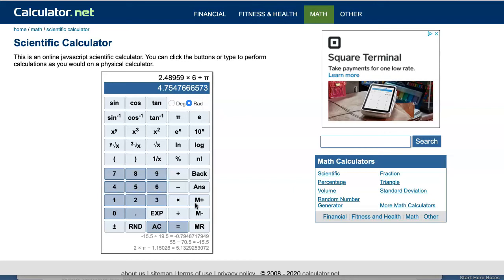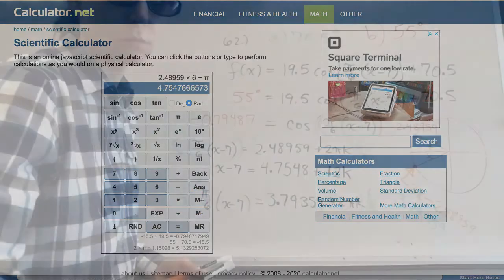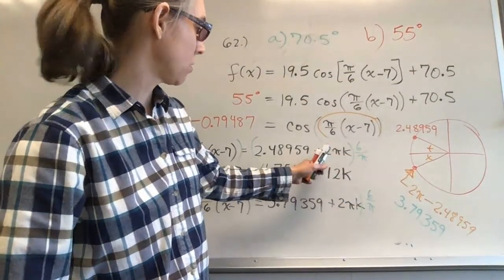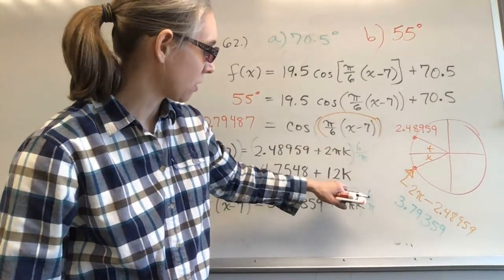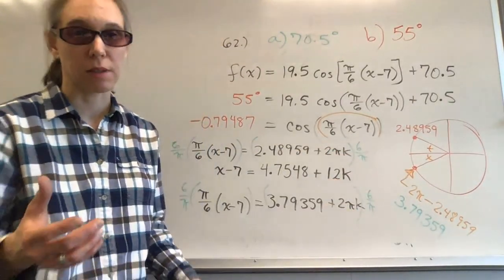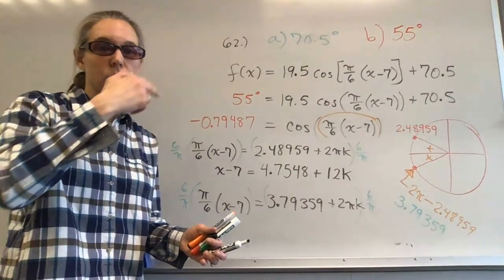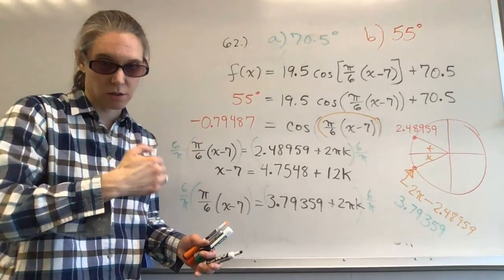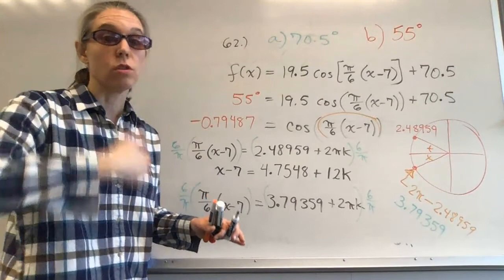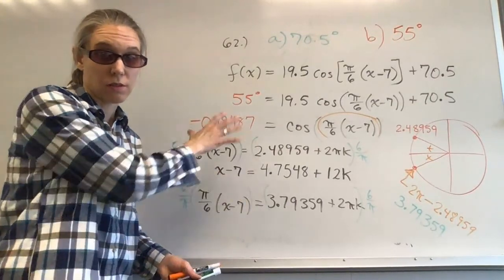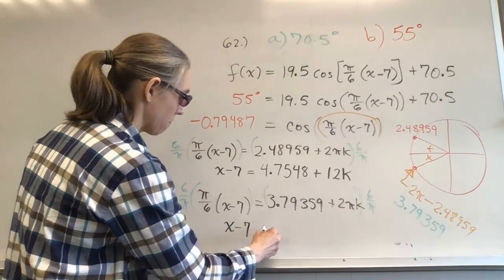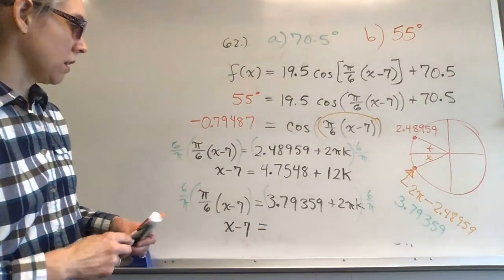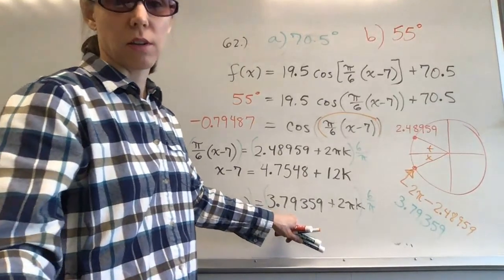Right, because if you multiply 2 pi k by 6 over pi, the pi's cancel, giving you just plus 12k. Last time we had plus 6k because the values were exactly pi apart from each other. This time we're doing values that are 2 pi apart from each other, and we have two different sets of values here. So then we have x minus 7 is equal to, and now we're going to take this value right here.